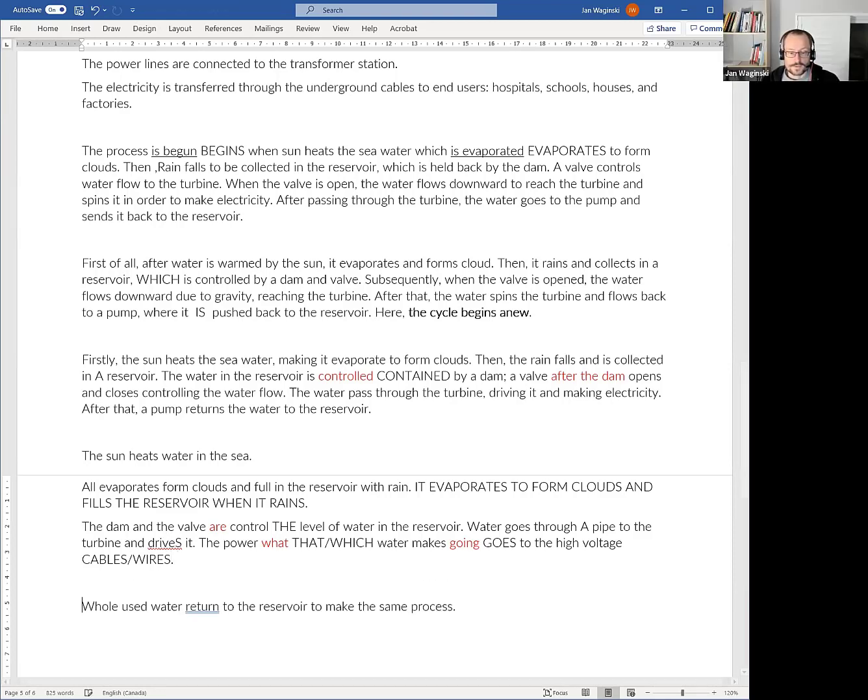Okay. So this is going to change the organization a bit, right? Just keep in mind that most people here are continuing the process from the turbine to the pump back to the reservoir. I'm just looking at the picture. If you go from the turbine to the high voltage cables, then you have to talk about the water's reverse process or return process in your next paragraph. So what do you want to put next?